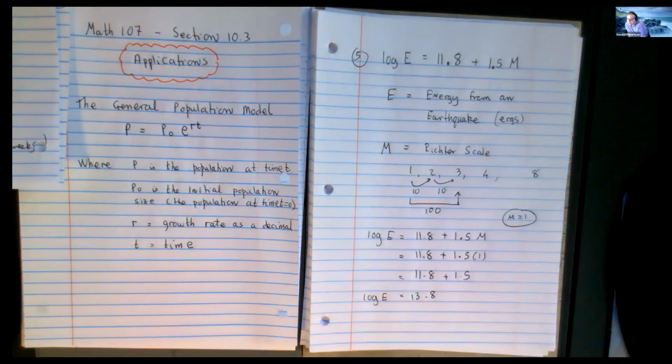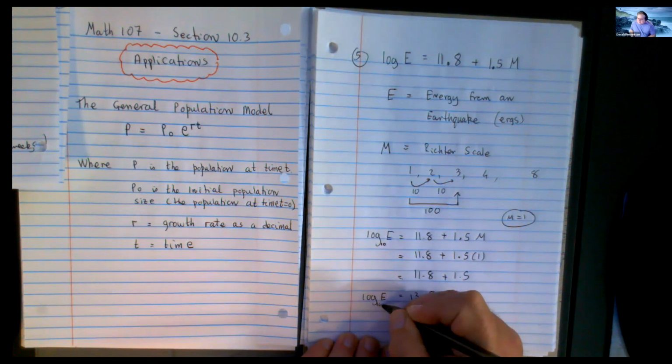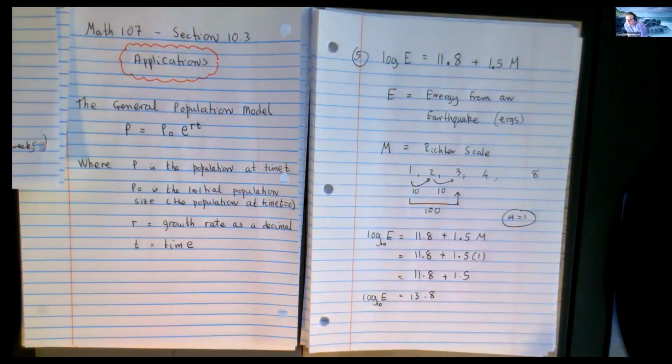So far, so good. Now, have you noticed that this log does not have a number base written beside it? Can you remember what base you assume when you don't see a number? Isn't it 10? It is. So can I just add in the 10, even though it's not there? We know it's there, you just won't write it.